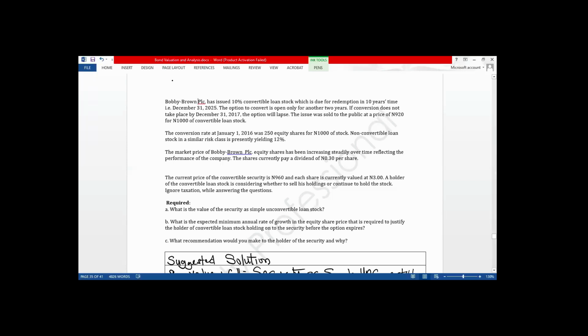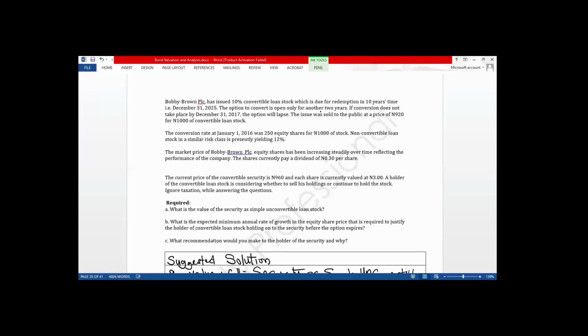The option of conversion will expire in 2 years. That means if I wait for 2 years, I'm going to get interest in year 1, I'm going to get interest in year 2.